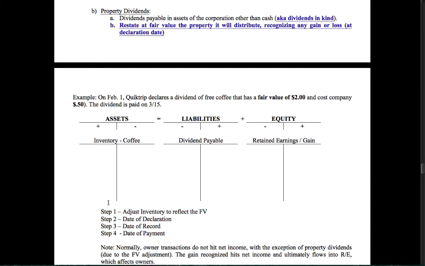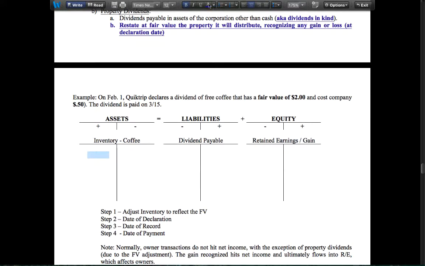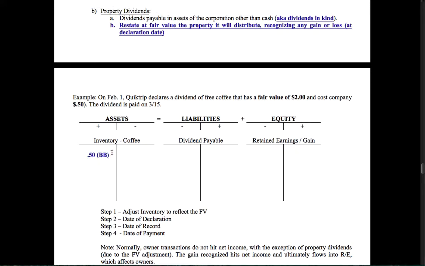So first, we need to adjust the inventory to reflect the fair value. So we started with a balance in the inventory account of 50 cents. And this is the cost to the company for the coffee. One thing I would like to highlight, this example is very basic and it is assuming 1 cup of coffee.